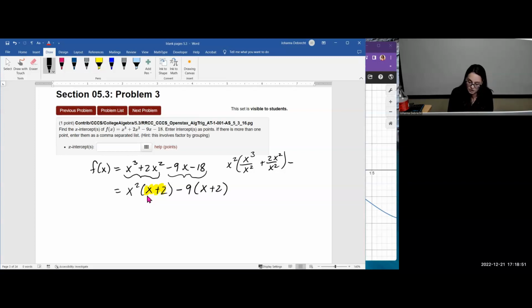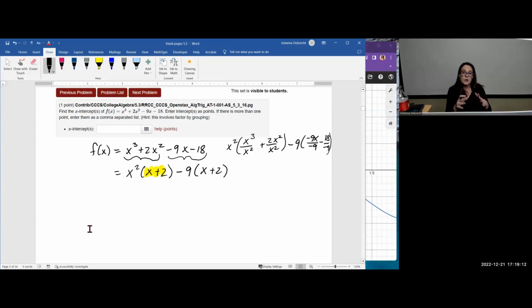And again, if you're not sure, take this out and write negative 9x over negative 9 minus 18 over negative 9. And you'll see that it does reduce to x plus 2. Now, what have I done? I've gone from 4 terms to 2 terms. And now I do it again, and I take out what's common between the 2 terms.